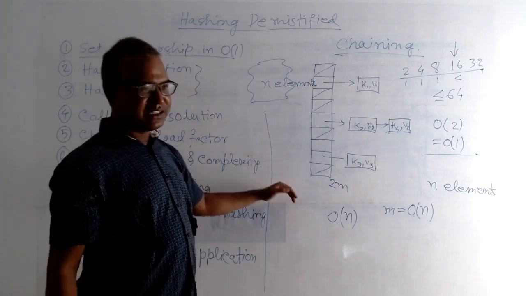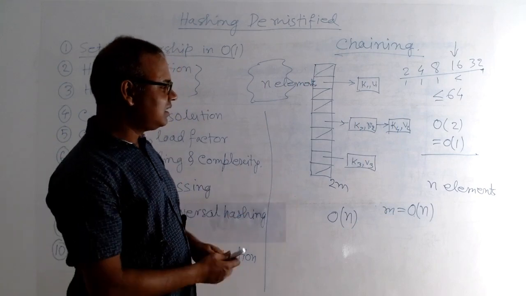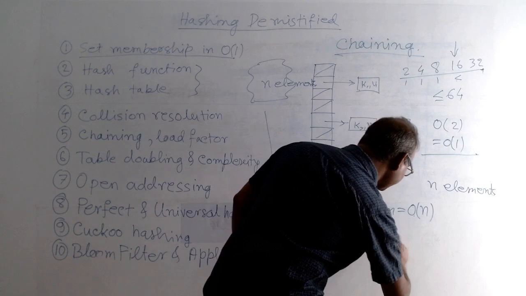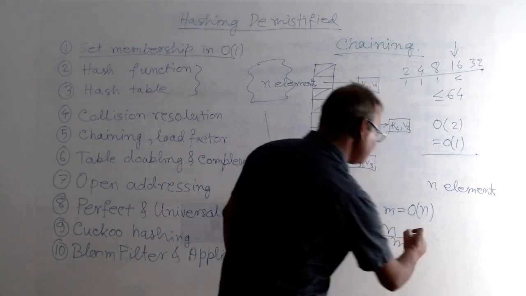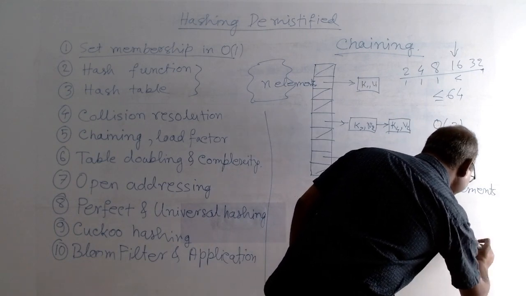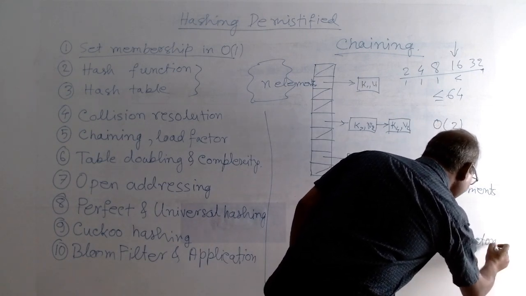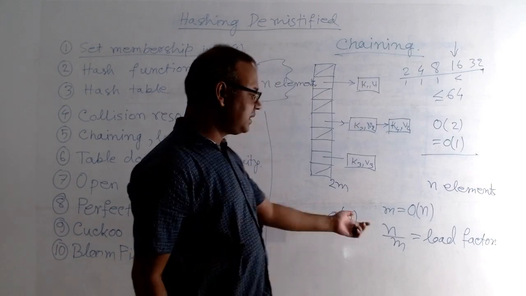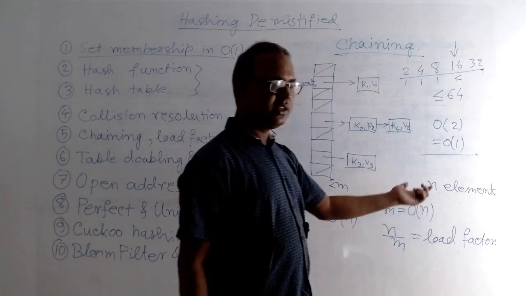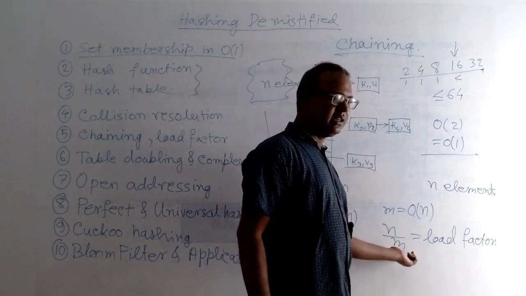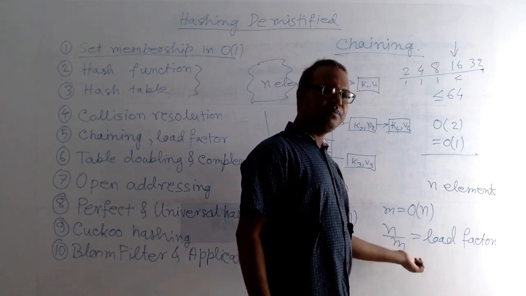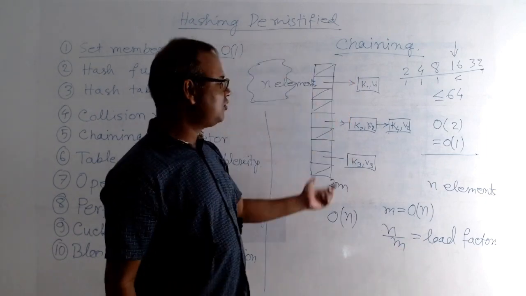This is a very interesting concept. One more thing to say: this n by m is called the load factor. When the load factor is 1, we go for table doubling. The generally preferred load factor is around 0.5.